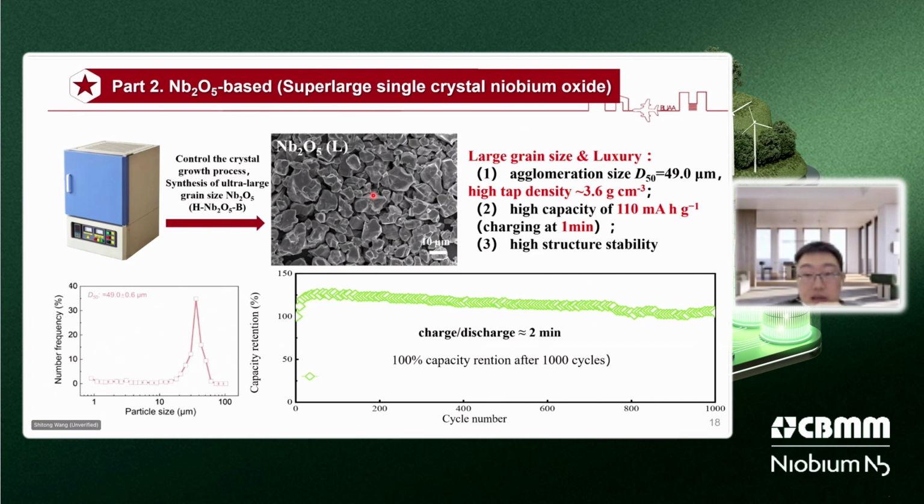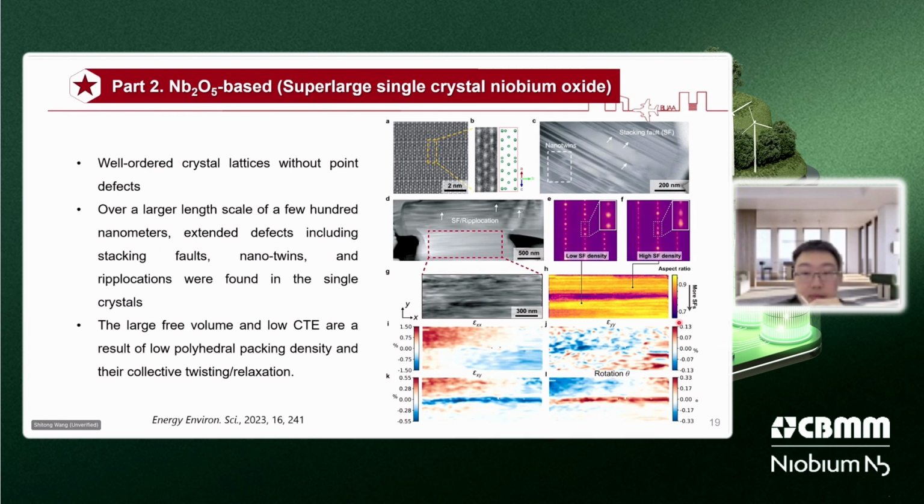It shows a high tap density, high capacity, as well as high structure stability. The STEM HAADF image shows a well-ordered crystal lattice without point defects. Over a large length scale of a few hundred nanometers, extended stacking faults, nanotwins, and repopulations were found in the single crystals.